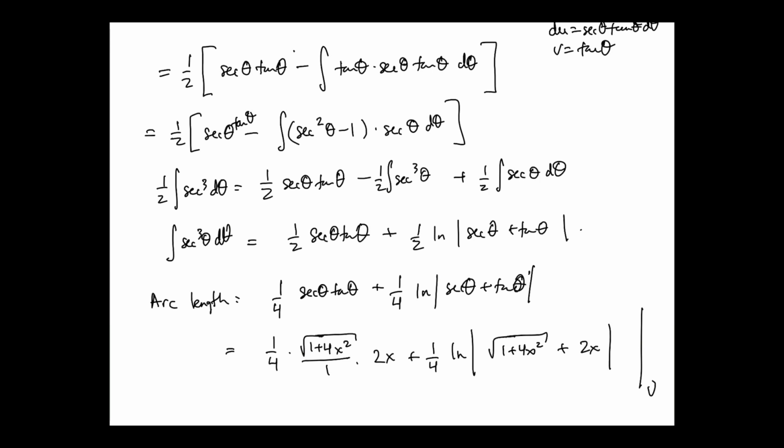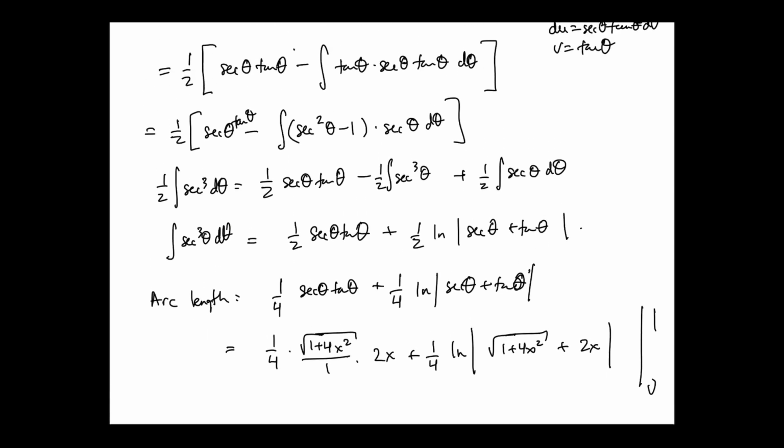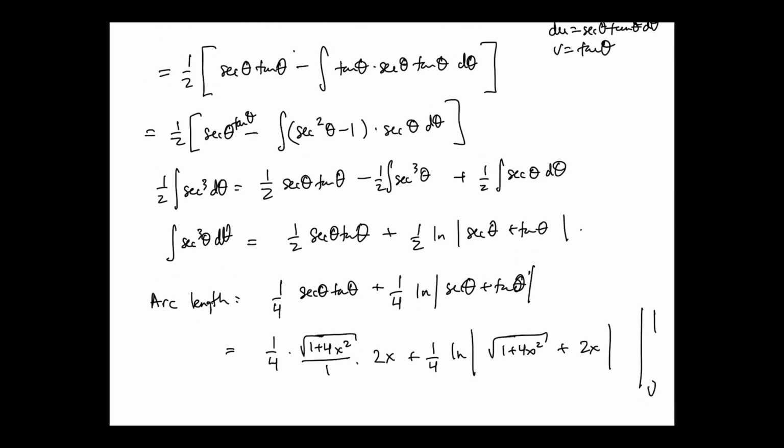But now I have to plug in 0 to 1 in it because those are the points in question. Okay, when I plug in 0, what do I get? The first term is definitely 0 because I've got that x there. But the second term also is 0, because if I put 0 in here, I get 1 on the inside of the logarithm.